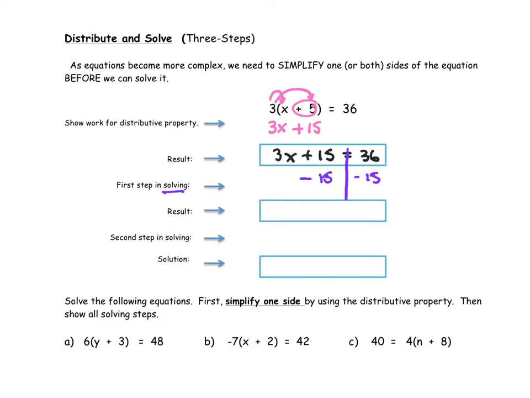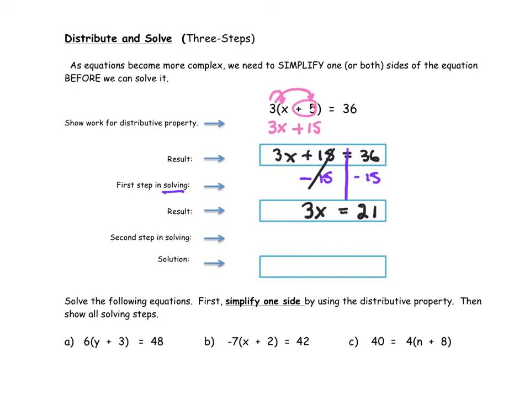And now what we want to have is the result, what happens after I take away 15. So on this side, these cancel out, leaving 3x. And on the other side, 6 minus 5 is 1, 3 minus 1 is 2, so I have 3x equals 21. That's the result after I complete my first solving step. Now we're going to go on to our second solving step.